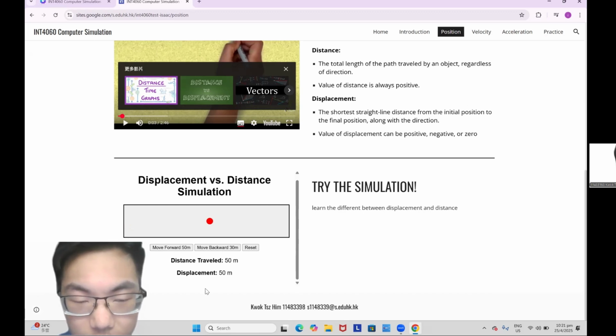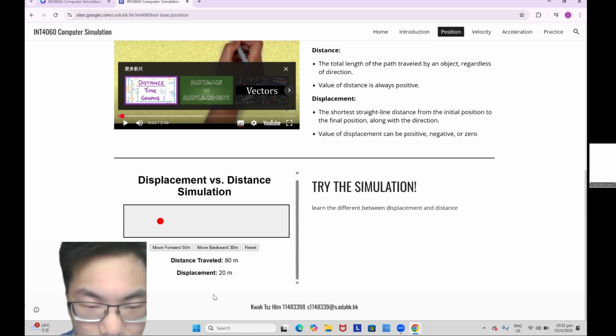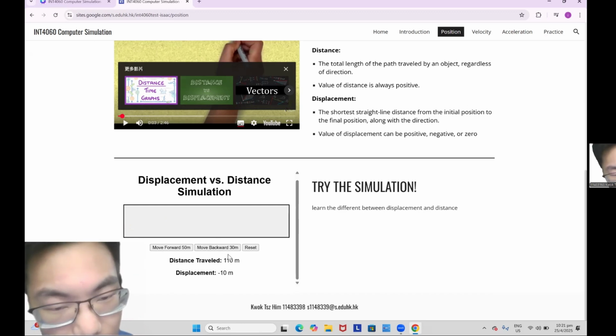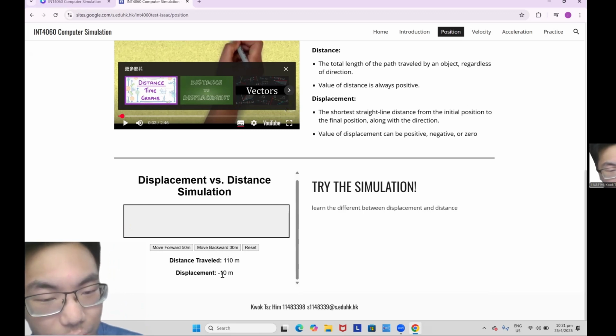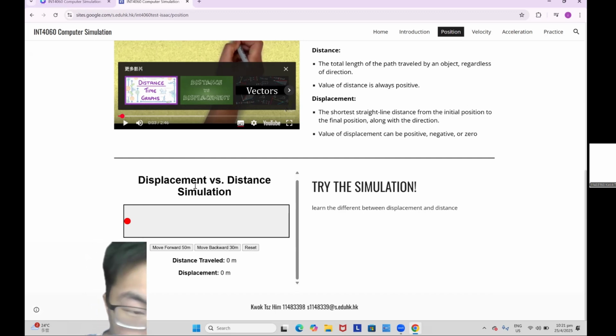The meter now is the same, but if I click the backward button, then it will change the displacements and the distance travelled. And if you click it again, the displacement will become negative 10 meters. And you can click reset and the red dot will appear again.